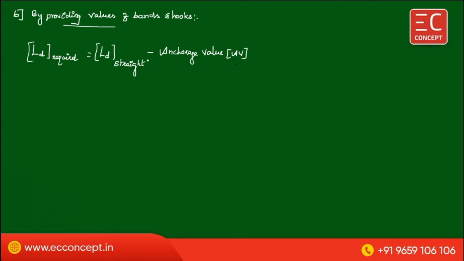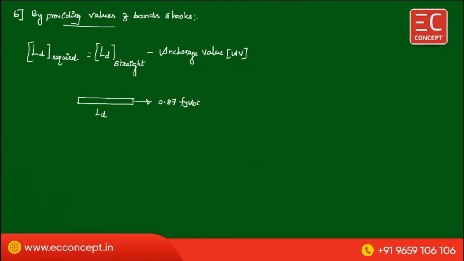What is the meaning of LD straight? Here, if you provide a bar for anchorage purpose in a straight manner, then the length we require is LD for resisting a force of 0.87 Fy AST.